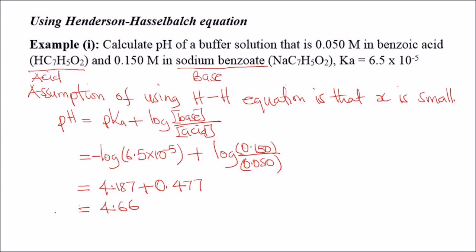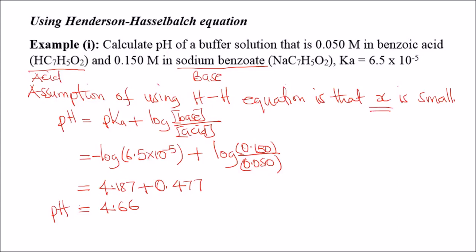So I'll just put pH here again. But then, after finding the pH, we need to take note of our assumption. We assumed that X is small. Is this pH true?